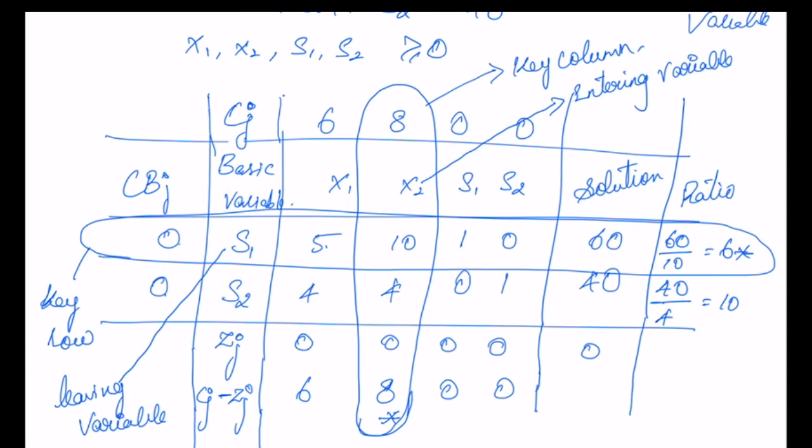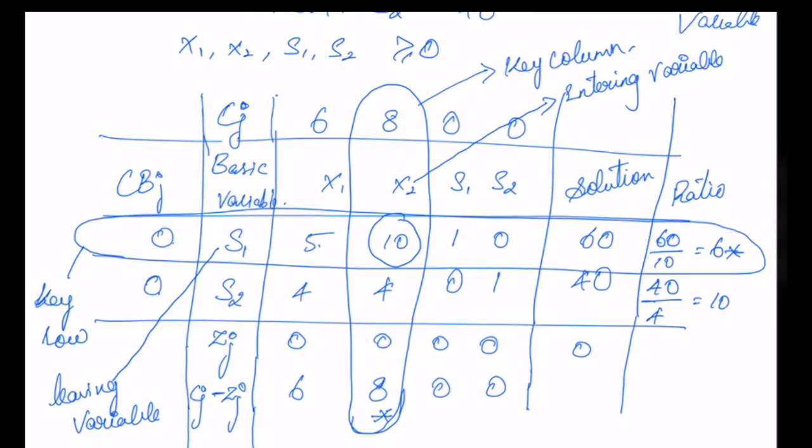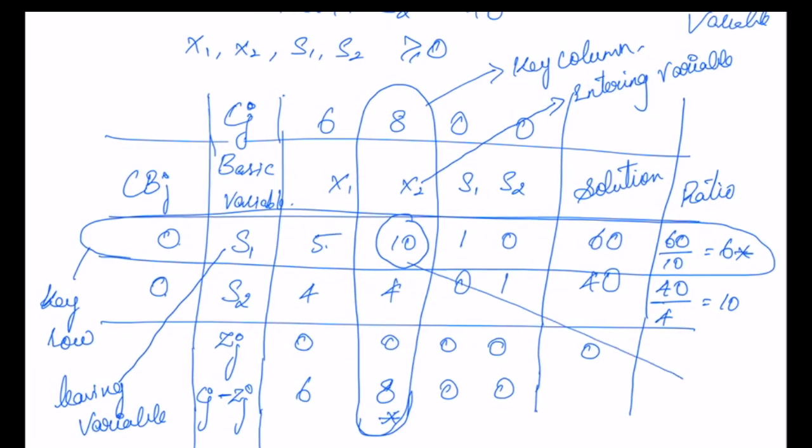Now the element that is in the intersection of key column as well as key row, the intersecting element, this 10, we call 10 as pivot element or key element.